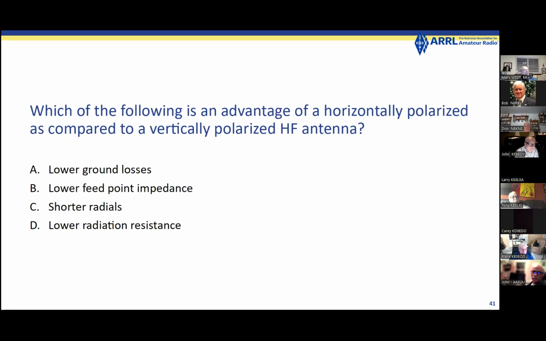Which of the following is an advantage of a horizontally polarized as compared to a vertically polarized HF antenna? Lower ground losses, lower feed point impedance, shorter radials, lower radiation resistance.